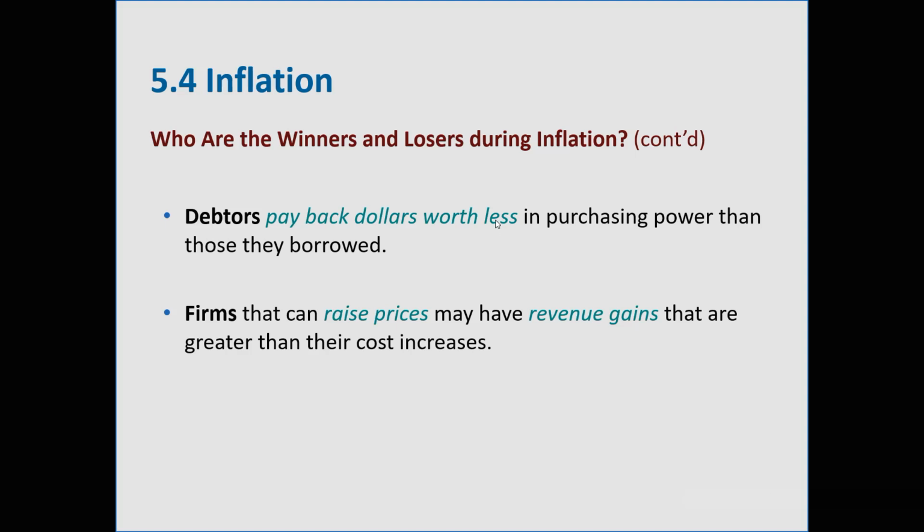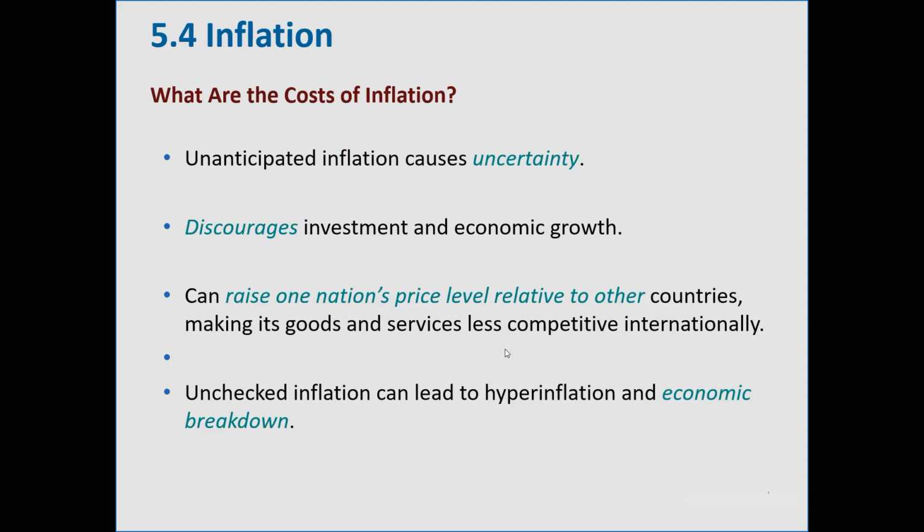When you pay back that money 5 years from today, if we have unanticipated inflation, then the money is no more worth what you took from them. You are still paying back 100,000, but it's not worth the same. However, if it is anticipated, then they will include that in the negotiation. Firms, of course, at times can raise prices and benefit from it. Why? Because their costs are lower and now they are selling at a higher price.